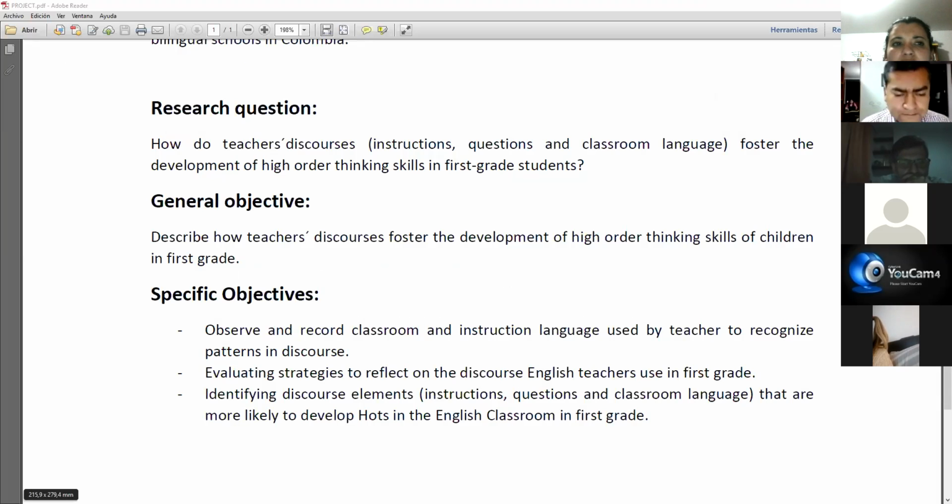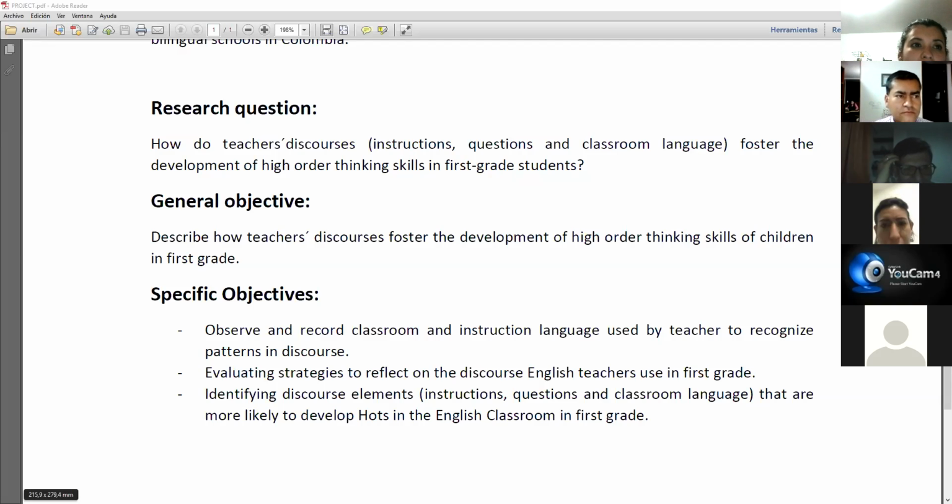Analyze discourse patterns in order to establish the influence on HOTS. Perfect. Analyze discourse patterns in order to establish the influence on the development of HOTS. That would be the 3 steps, and then you have the big one.